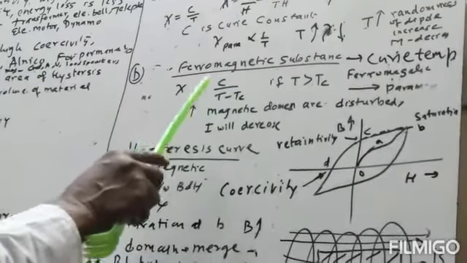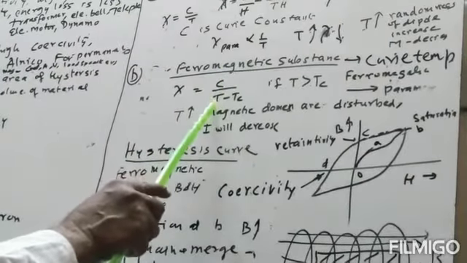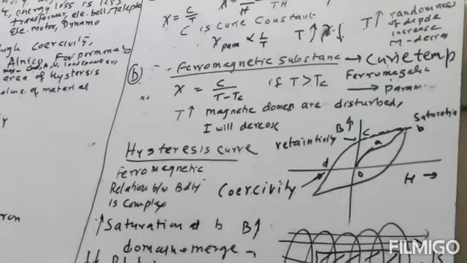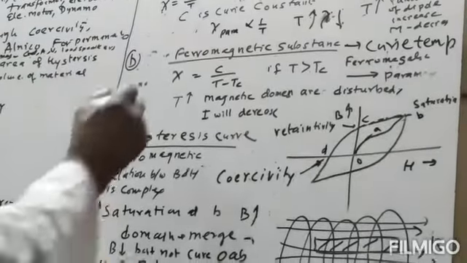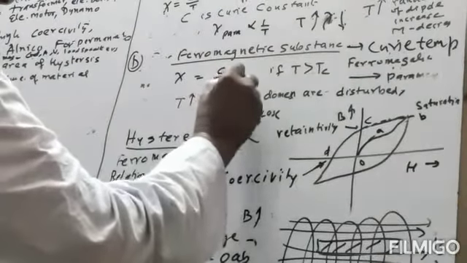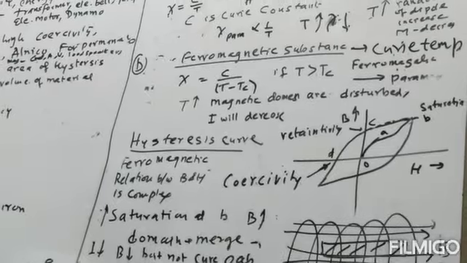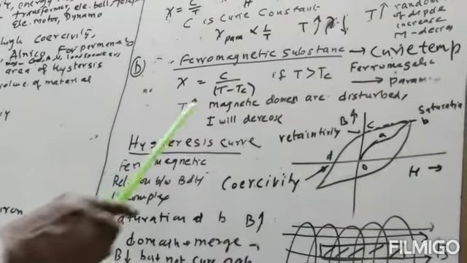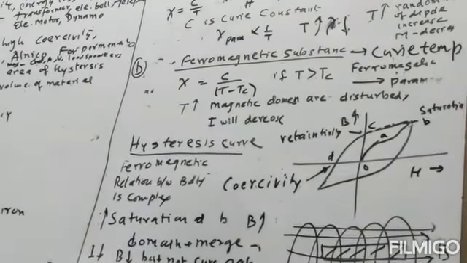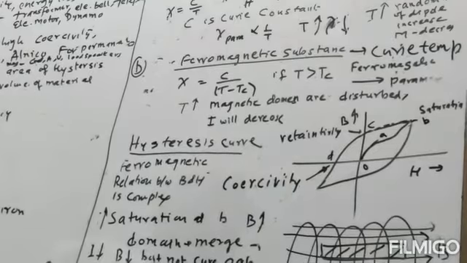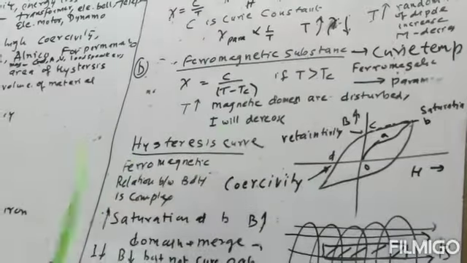So chi will be equal to C divided by T minus Tc, that is, the temperature of the ferromagnetic substance minus the Curie temperature Tc.